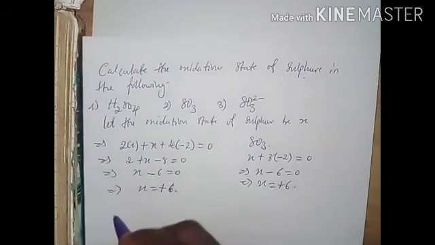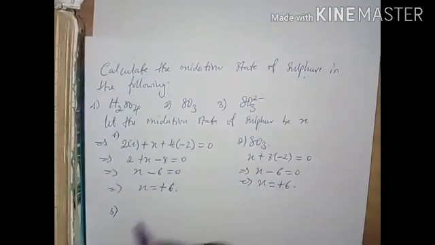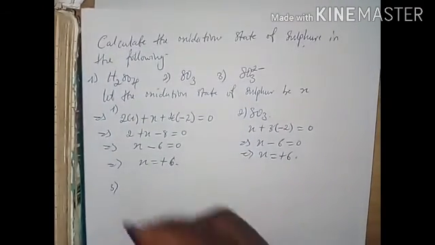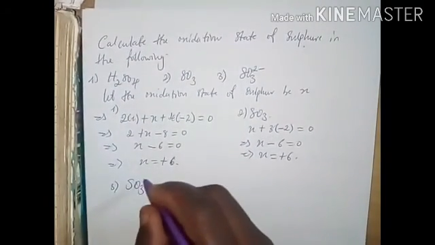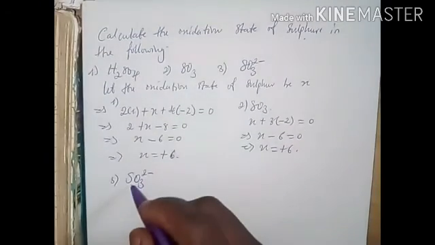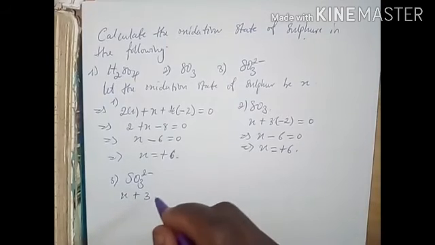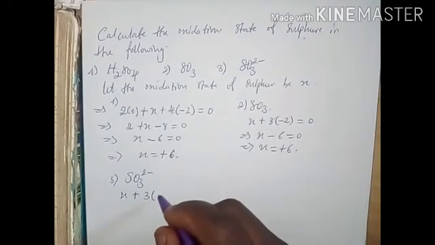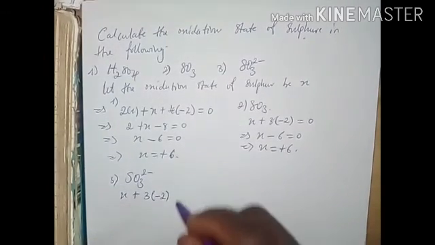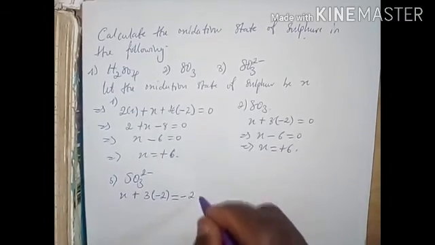Then we have the third case. So the third case, this is the second case, this is the first case. So we have the third case, sulfur 2 minus. So we say 1 sulfur X plus oxygen, there are 3 atoms of oxygen, times minus 2 should be equal to minus 2.